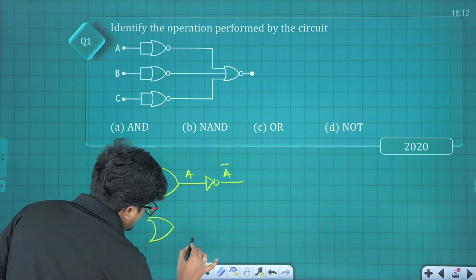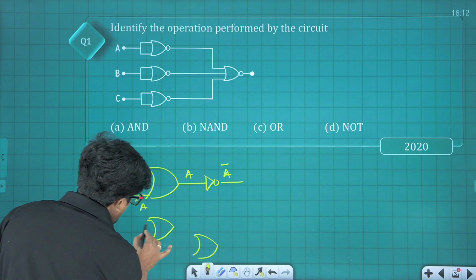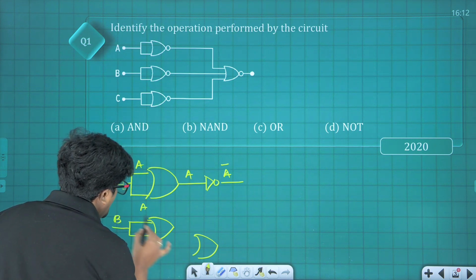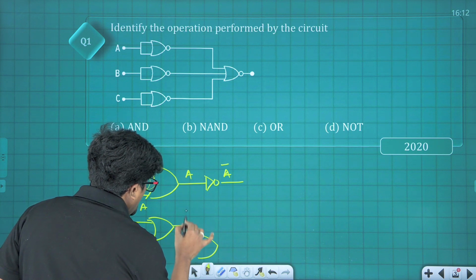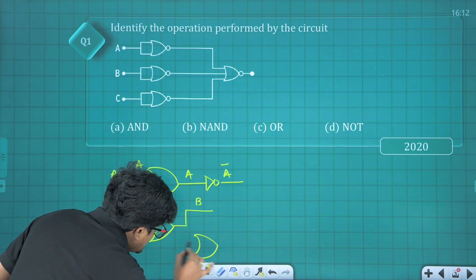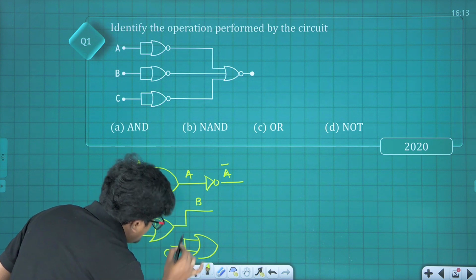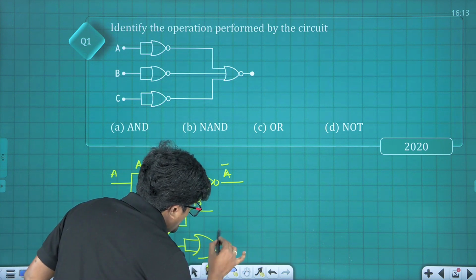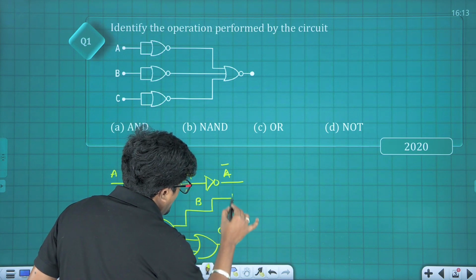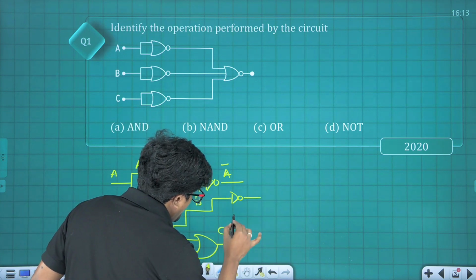Similarly, two more gates are here. Here this is B going in, so it's going to be B out. Here this is C going in, so it's supposed to be C out. And I'm having that NOT gate here.